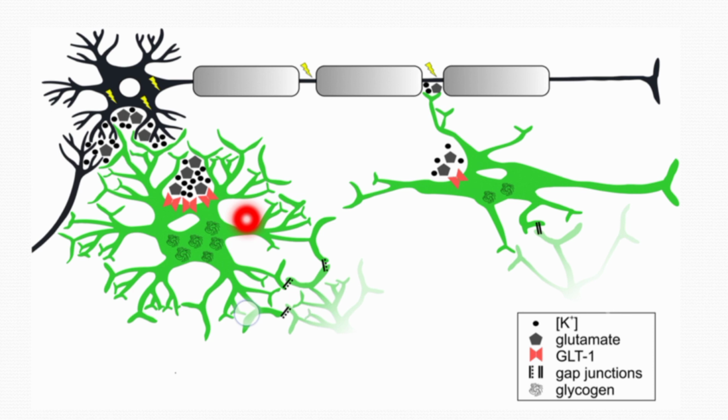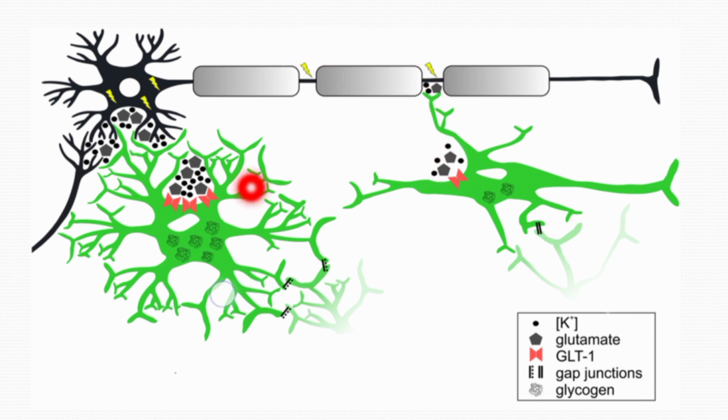The protoplasmic astrocytes contact the neurons at the level of synapses in the gray matter, while the fibrous astrocyte makes contact with the neuron or axon at the nodes of Ranvier.